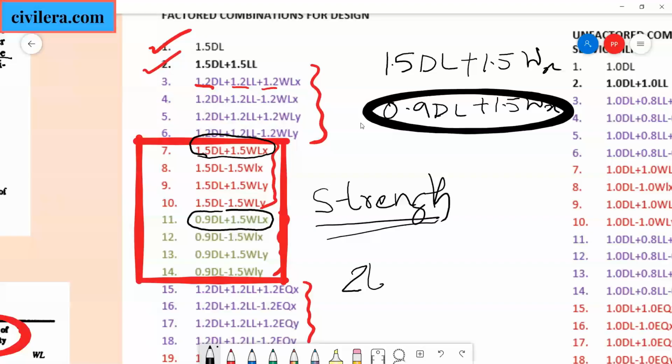Because 1.5 is more than 0.9. And here you have already 1.5. Here also it is 1.5. So why do you need this particular combination? When 1.5 DL is more than 0.9 DL, what is the need of this combination?